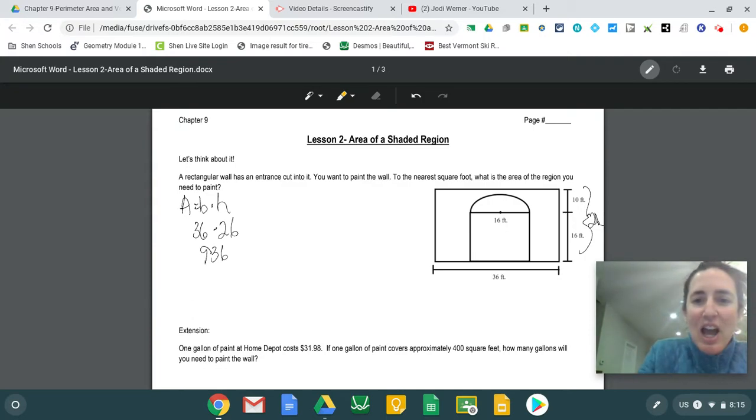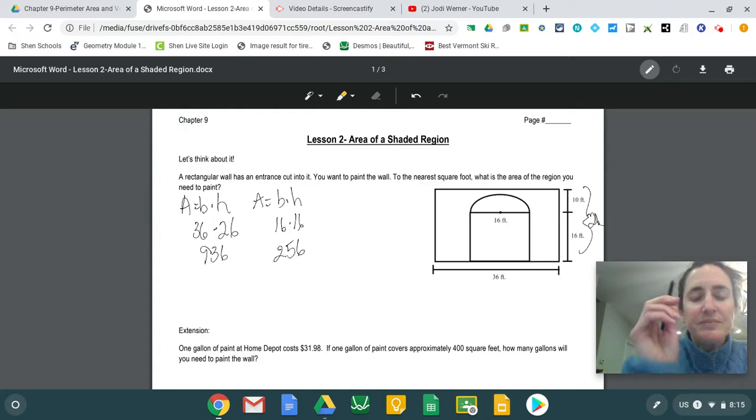All right, next, I'm going to find the area of the square that's part of the door. That's going to be area, again, base times height, or you could do side squared if you wanted. It happens to be 16 by 16, which is 256. Next, we're going to find the area of the semicircle that's at the top.